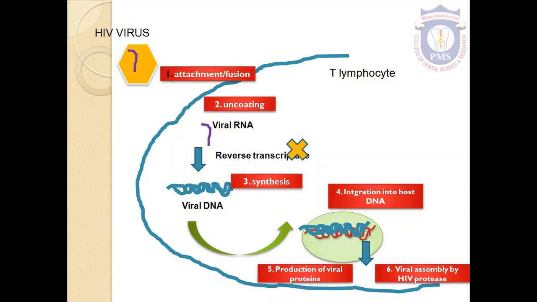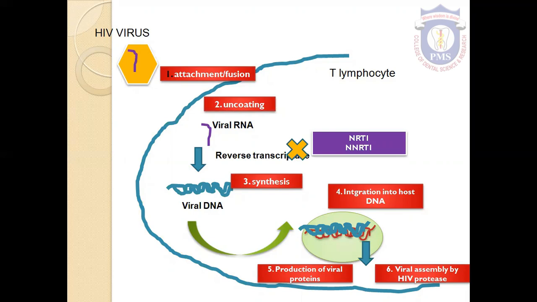The agents used for the management of HIV infection: some are reverse transcriptase enzyme inhibitors. They inhibit reverse transcriptase and thereby inhibit the synthesis of viral DNA. The agents are NRTIs and NNRTIs.